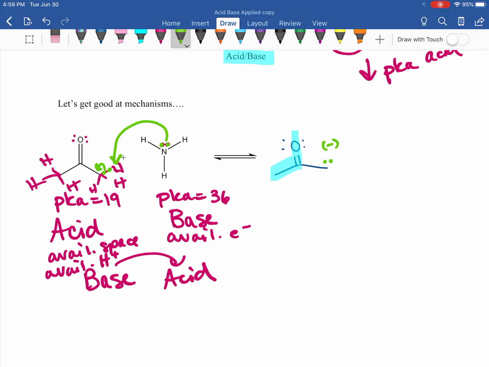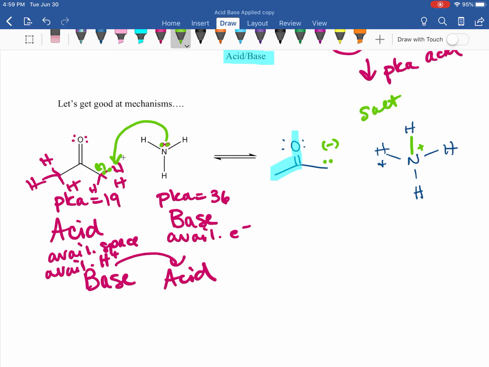So if your carbon now has an extra electron, that's a negative. And then what did we do to that ammonia? Well, we just formed a bond here to that hydrogen. And now we've bonded that lone pair to nitrogen a little bit more than normal, so that's got a positive.